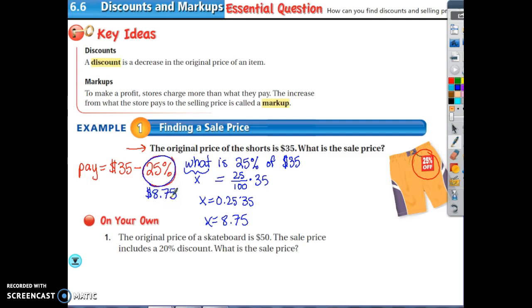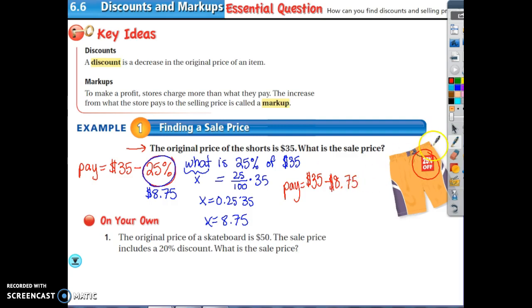Now that we've found that, we can go ahead and find the actual amount of the shorts after the discount. So the amount we are going to pay is going to equal the original $35, take away that $8.75.